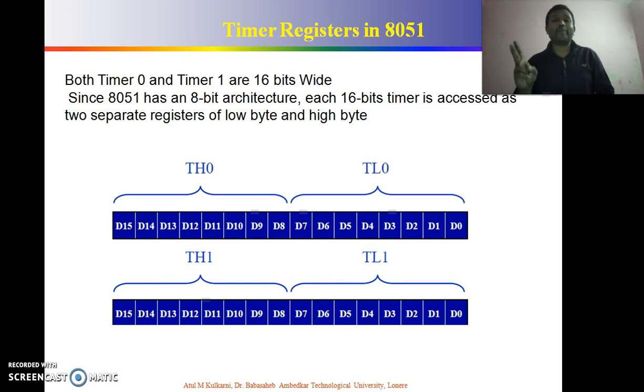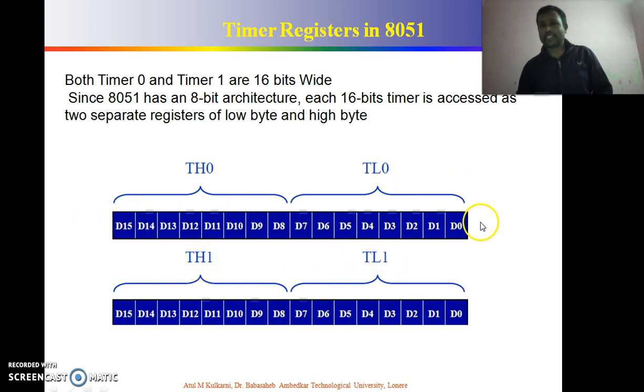But as the 8051 is an 8-bit microcontroller, for timer 0, 2 registers for 16 bits are provided, named TL0, the lower byte timer register, and TH0, the higher byte timer register. Here 0 represents timer 0, and 1 represents timer 1.